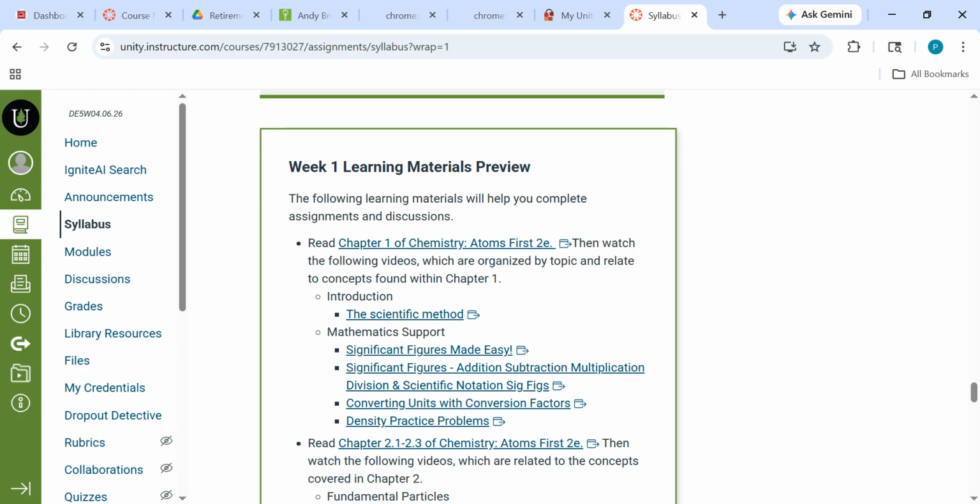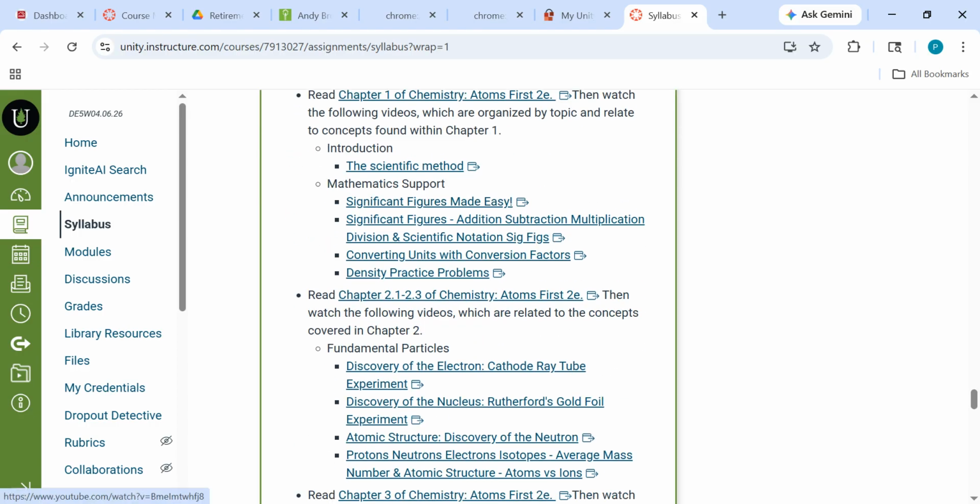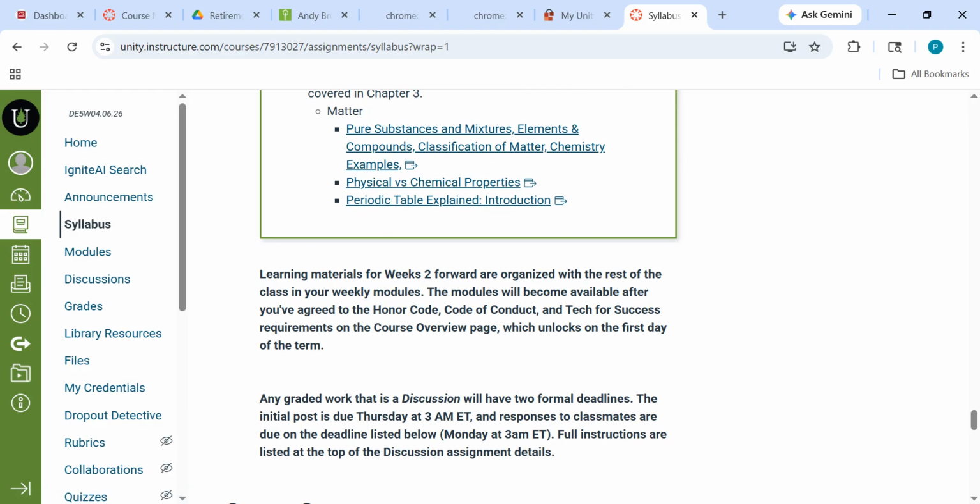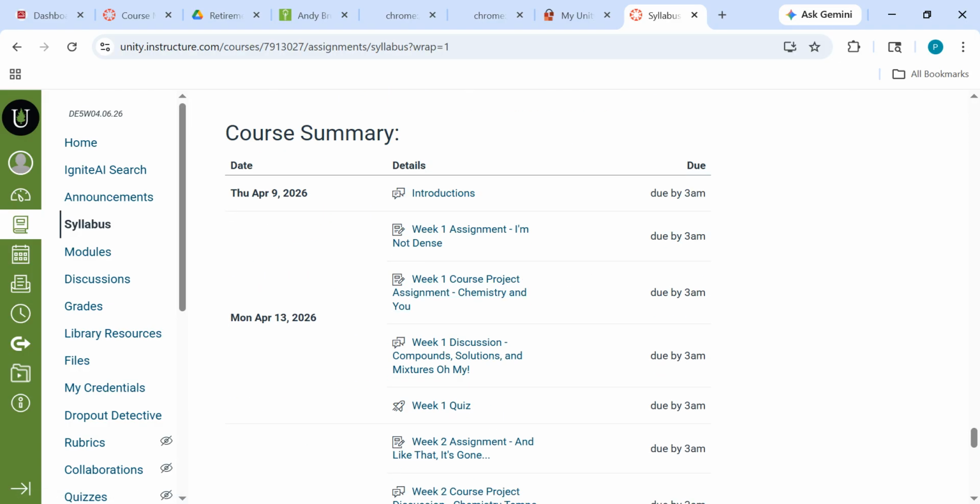Week 1 is covered here. In week 1, we're going to talk about the scientific method, significant digits, and all of these here, Chapter 2. So for week 1, we need an introduction by Thursday of week 1. By Thursday of week 1, we also need the assignment, and we also need the project by that time.